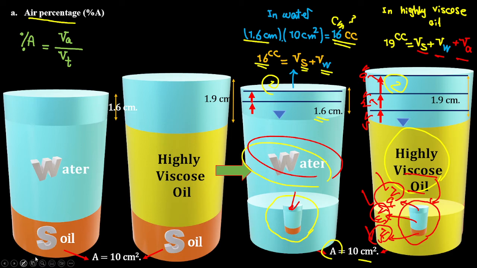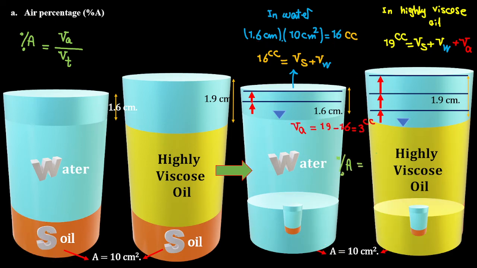In such case, if you subtract scenario 2 minus 1, the only difference is the volume of air, which is entrapped in the isolated layer. So VA is 19 minus 16, which gives us a numeric value of 3 cc.